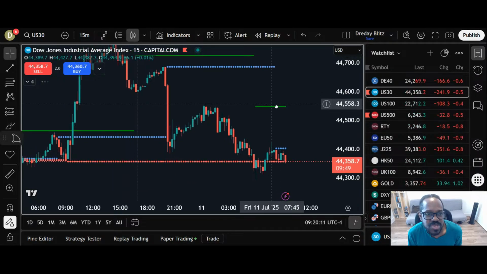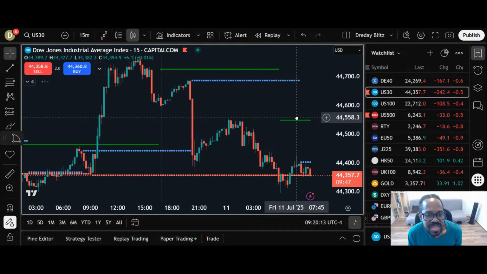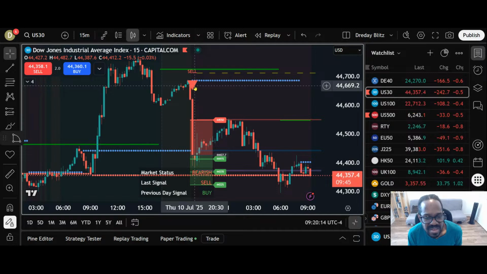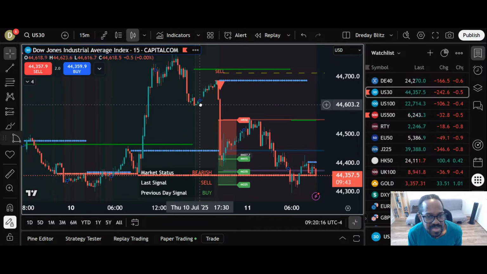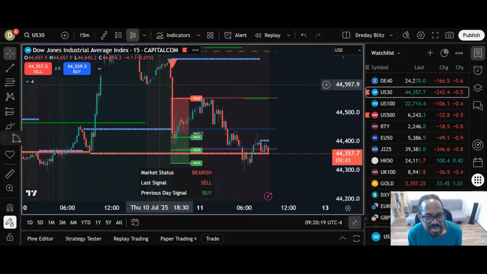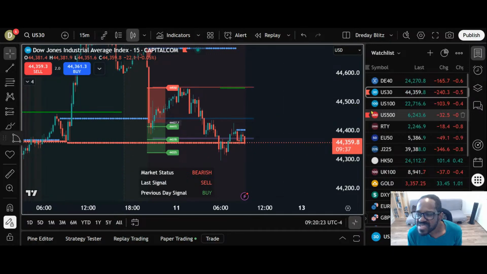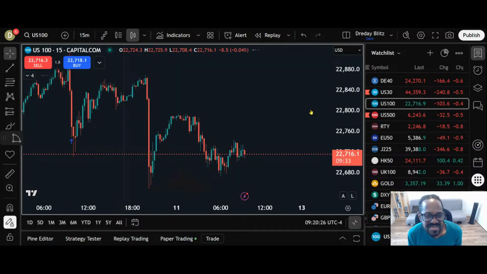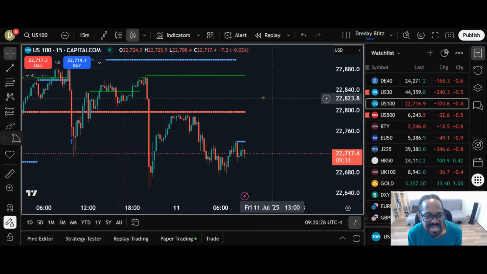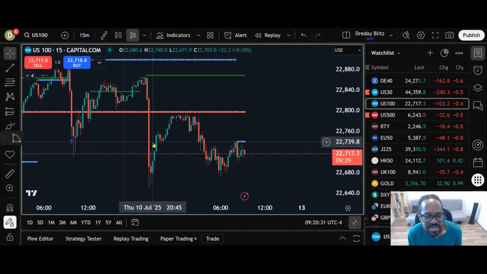US30: everything was bearish here since last night at around 8. We had some sell setups here and it started to go lower. Nasdaq did the same thing, a big sharp down movement here.